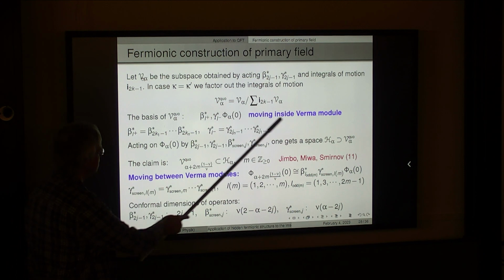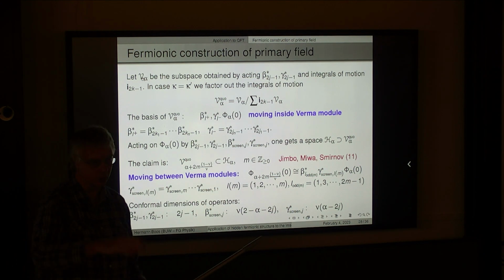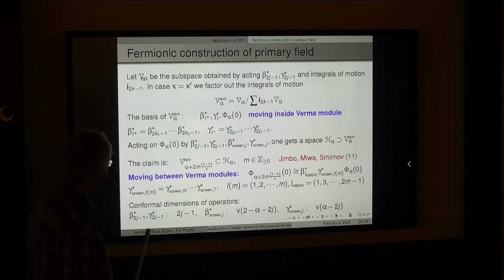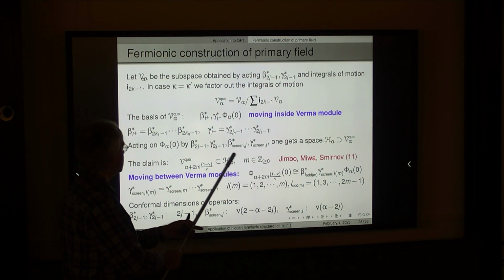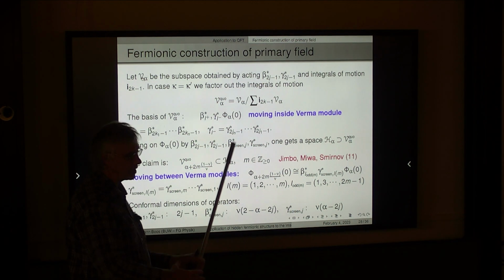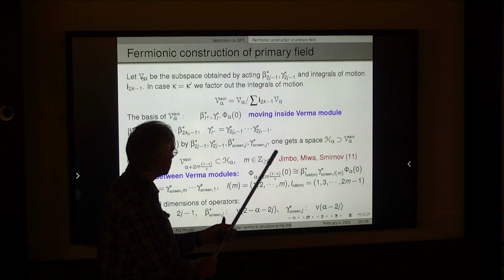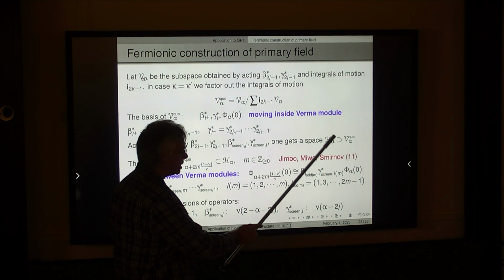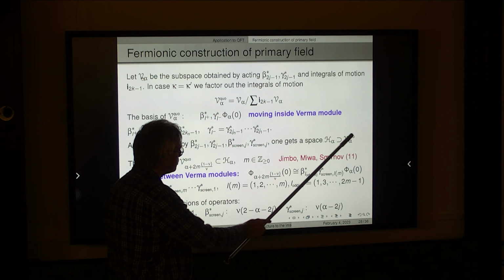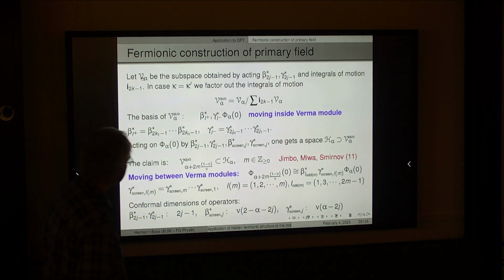In fact, what we do, we move inside the Hermann module, right? But we can also take the screening operators and extend our space. And let's call this extended space H alpha, and this quotient space belongs to this H alpha.